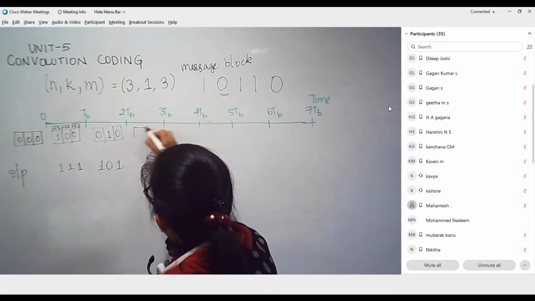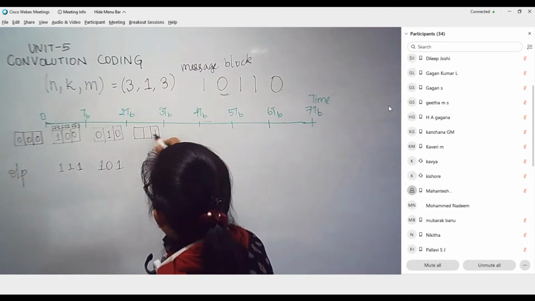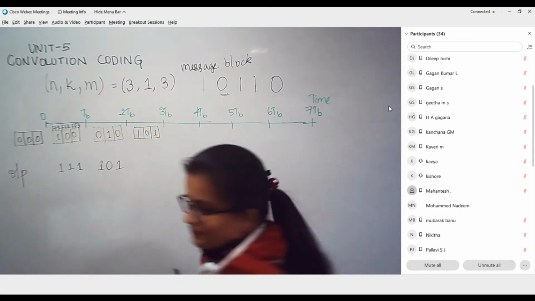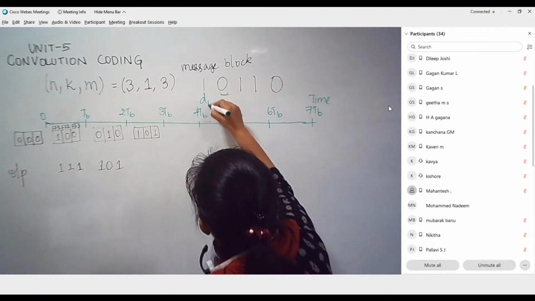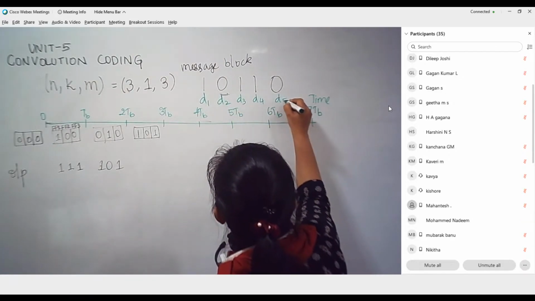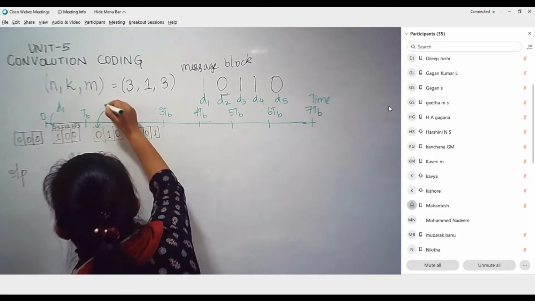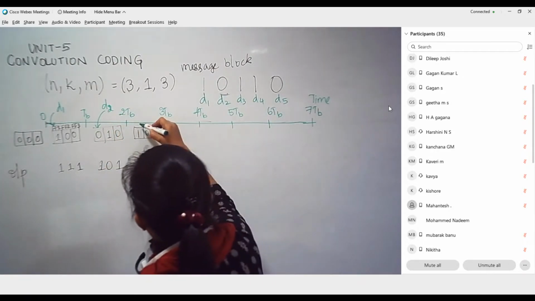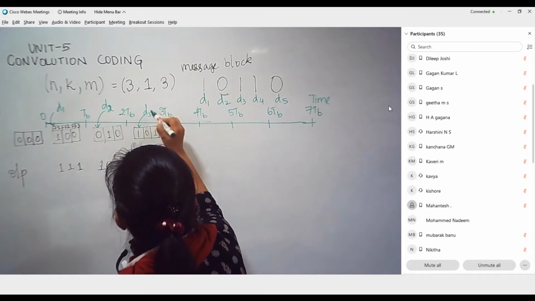Now coming to the third bit, similarly, everything gets pushed to the right. 1 appears over here, 0. The third bit is 1, so the third bit appears over here. If I name these data bits as D1, D2, D3, D4, D5, first D1 will appear over here, next D2 will appear over here, D1 gets shifted to the right, and this one will be D3.